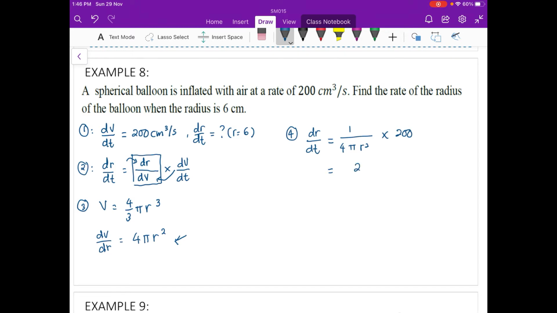So we get 200 over 4 pi, and for the value of r given, we directly substitute 6 squared. After computing this using your calculator, our final answer will be 0.442. And don't forget to put your unit, in this case centimeter per second.